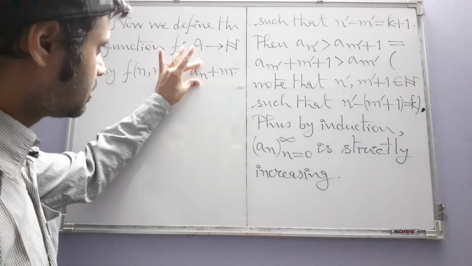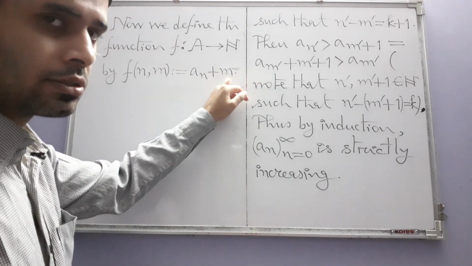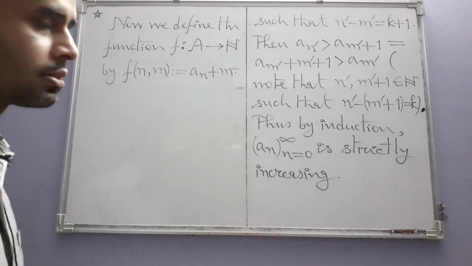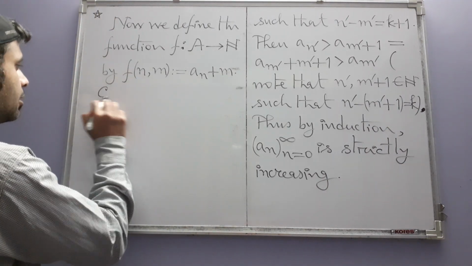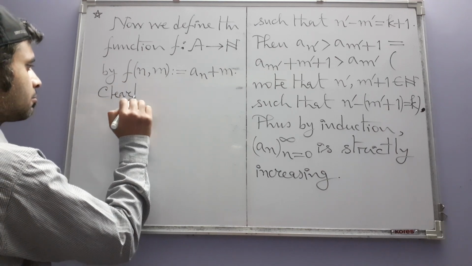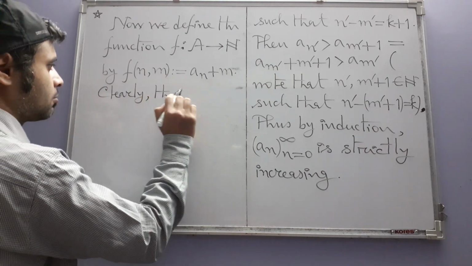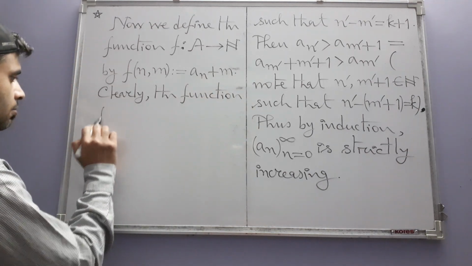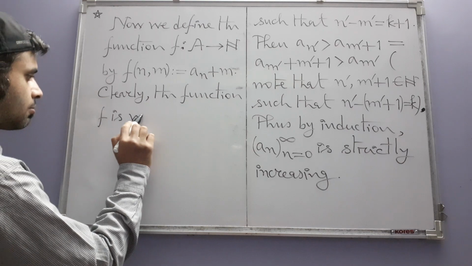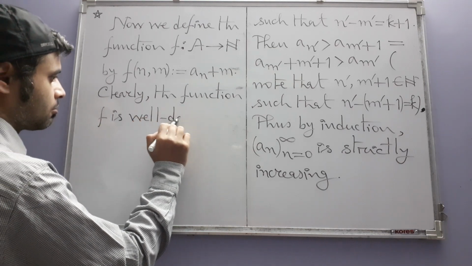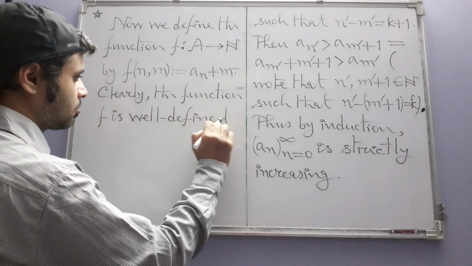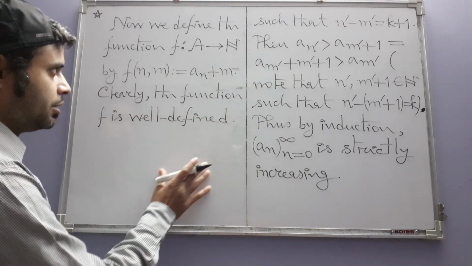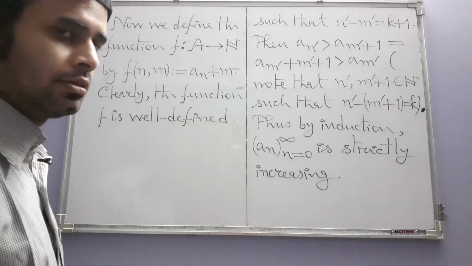So a_n is a unique natural number and m already is a given natural number. So their sum is a unique natural number. So yes, it is well defined. Clearly, the function f is well defined.